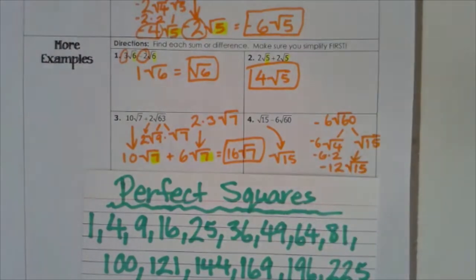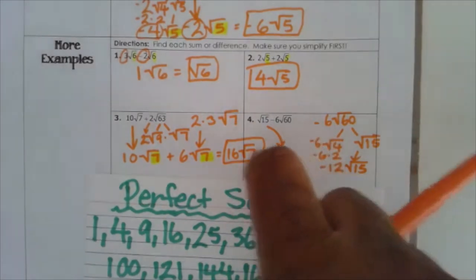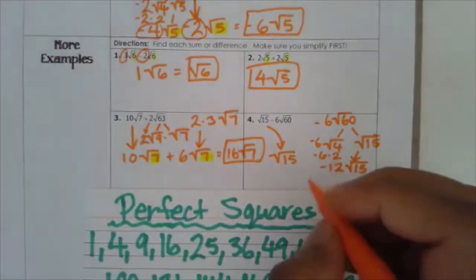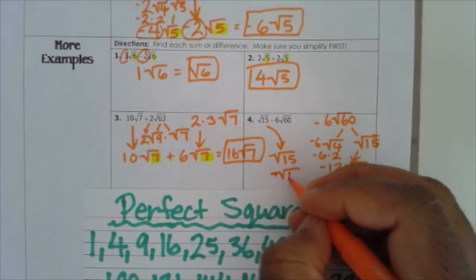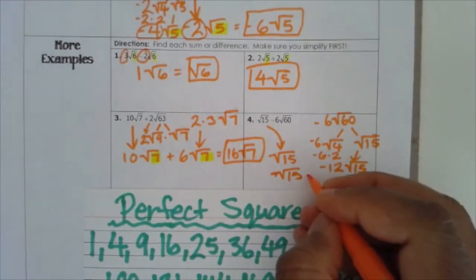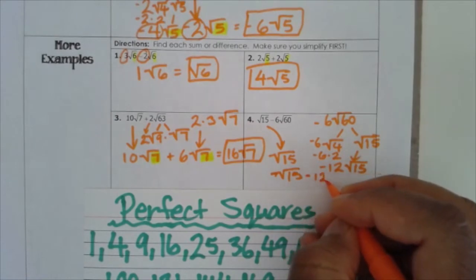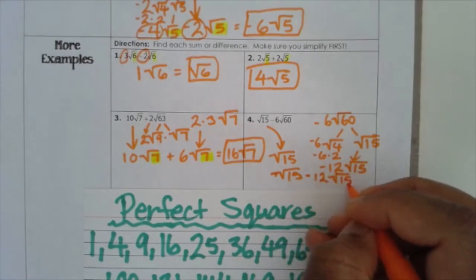So now I have simplified the term on the right side. I can bring down this term over here, the square root of 15, which is a little bit further away. So I'm just going to go ahead and write that over here again so that they're a little bit closer to each other, just so it looks a little bit better. Okay, so I'm going to have square root of 15 here.